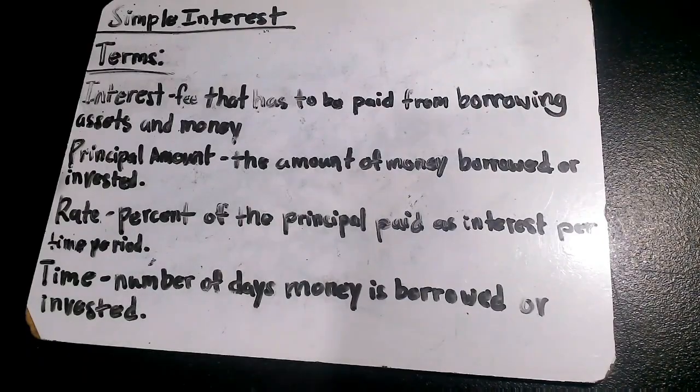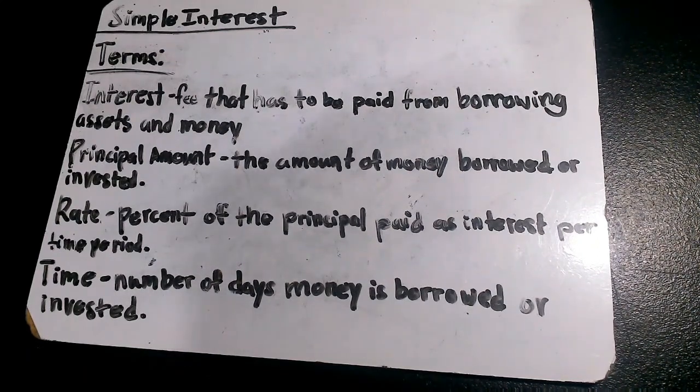Now, let us move on and try to understand terms used in business math. The first terms are interest, principal amount, rate, and time. Interest is the fee that has to be paid from borrowing assets and money.